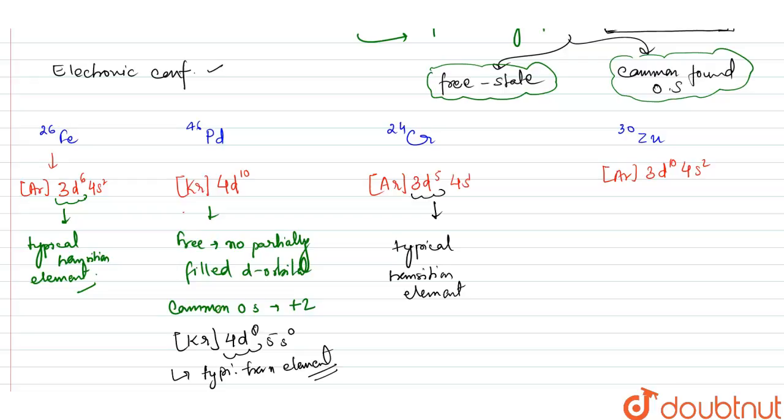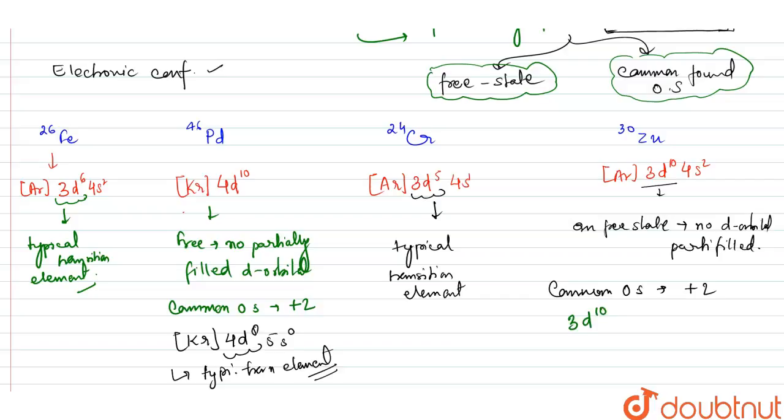Now again, if we talk about zinc here, we can see that in the free state, we talked about the condition, there is no partially filled d orbital. But if we talk about the common oxidation state, that is +2 for zinc, the electronic configuration becomes 3d10 4s0, because the electrons are first pulled from the s orbital.